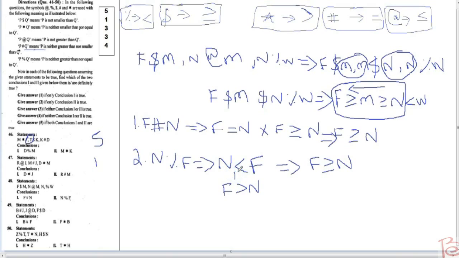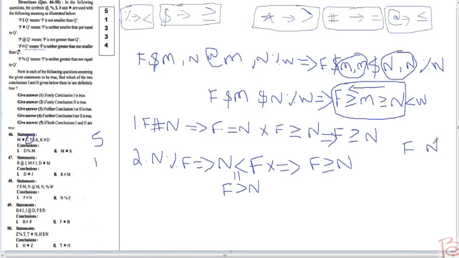So this is what they're telling us. So even this one is wrong. But in this question you can see both conclusions involve only two terms, that is f and n. Whenever you have this scenario where both conclusions are between the same letters, usually the option will be 3. Usually 95% of the time the option will be 3.